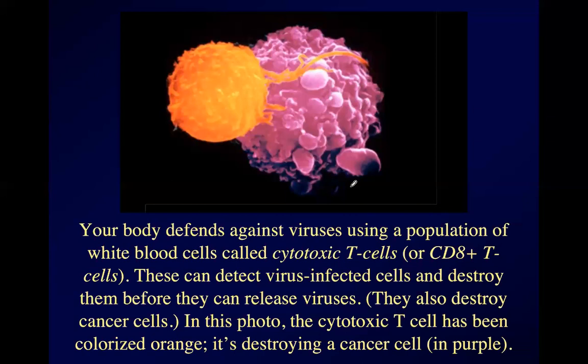And a cytotoxic T cell destroys virus-infected cells before they can release the viruses. Now, of course, it kills off the cell, but it kills off the cell before it can release these viruses. This is the way that you defend against virus infections. And again, CD8 cells also defend against cancer.